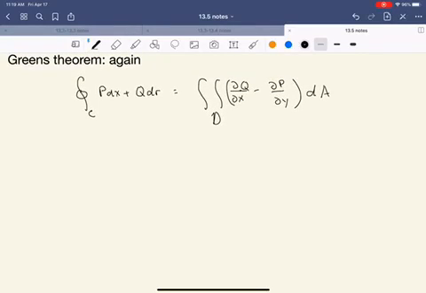So, let's say that we have our vector field. Let's say it's just x and y. So our vector field is P of x, y, Q of x, y. Okay.